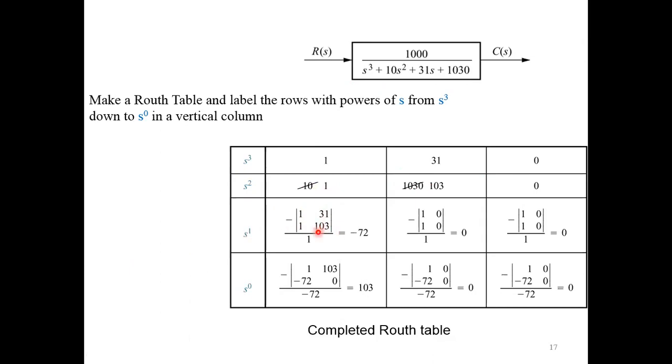For getting this first term, we will divide with -1 with all this row. 1 and 1 will be used here in the first column, and 31 and 103 will be used here.